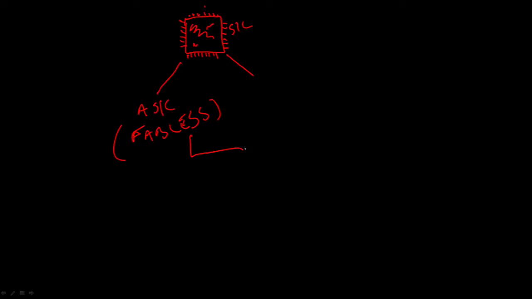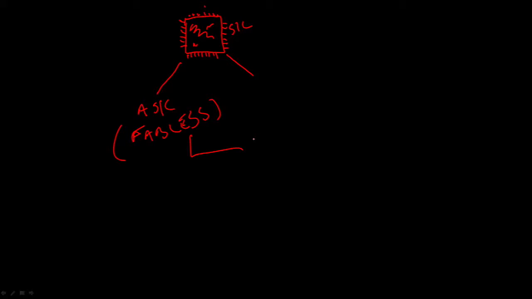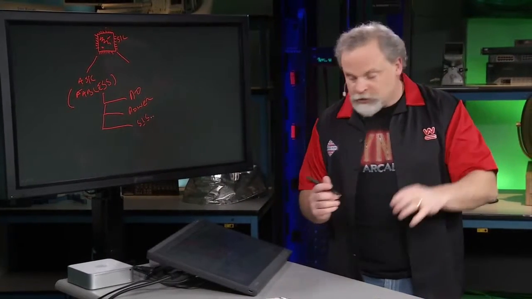A couple of the questions are going to be: what do you want it to do? How much power do you want it to draw at maximum? What type of functions are going to run inside? Are we going to look at a system on a chip, what they call an SoC? We answer all these questions.